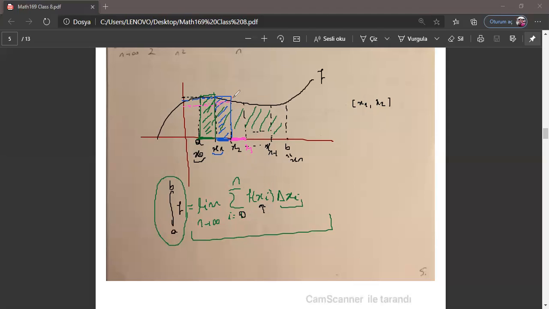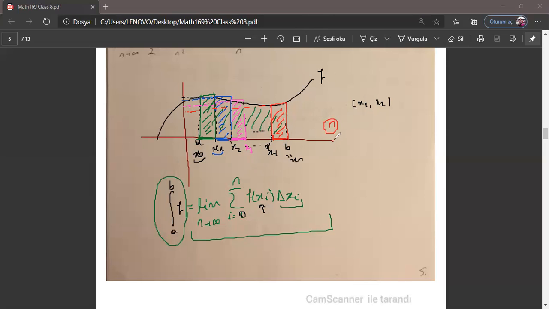Now we have this rectangle too. We keep continuing like this. For the last part, we have this subinterval and the value at x n minus 1. So we get this. This is just for n many subintervals.